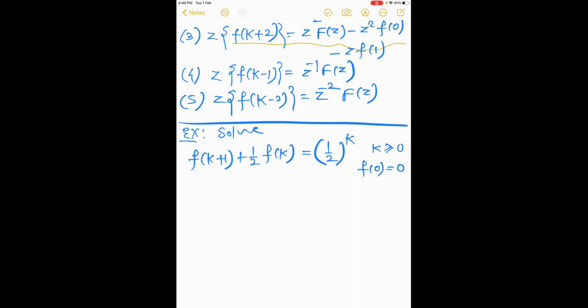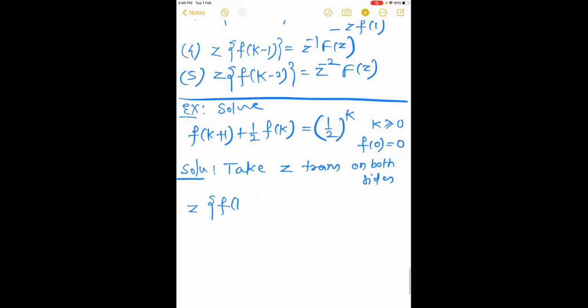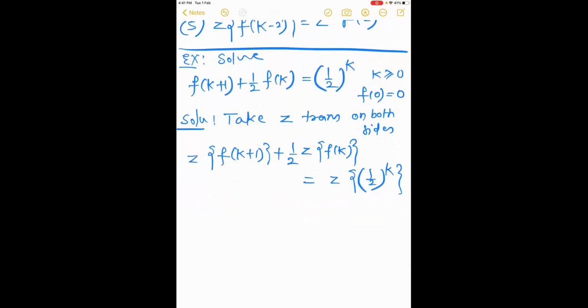Now the first step is to take the Z transform on both sides. So we get Z transform of f of k plus 1 on the left side plus half, which is constant, times Z transform of f of k, equal to the right hand side, Z transform of 1 by 2 raised to k, obtained for k greater than or equal to 0.